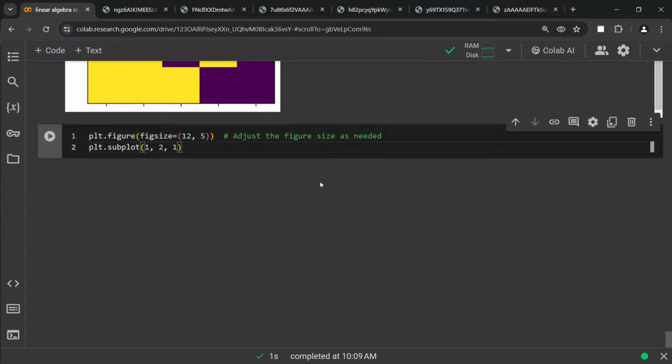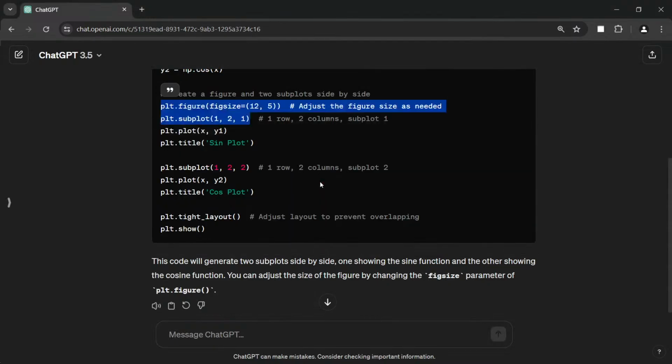One row, two columns. What's the other number? Oh, I see.